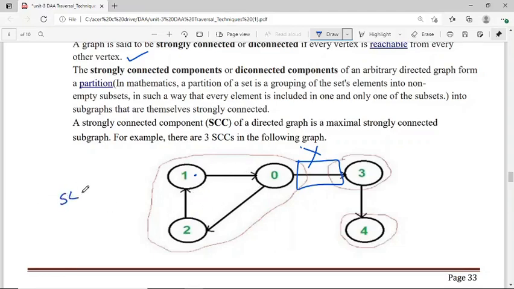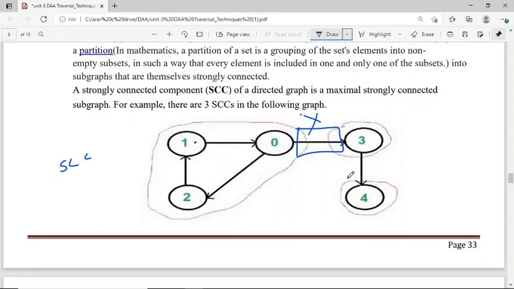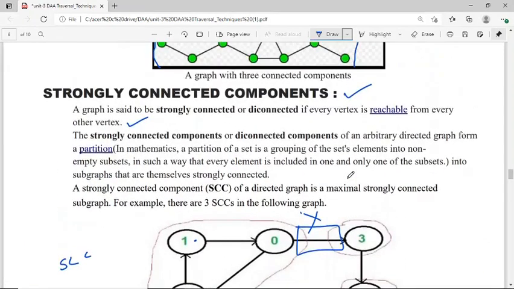Strongly connected component, SCC. A strongly connected component of a directed graph is a maximal strongly connected subgraph. For example, there are 3 strongly connected components in the following graph: 3, 1, 0, 2, and 3, 4 is another one. This is a strongly connected component.